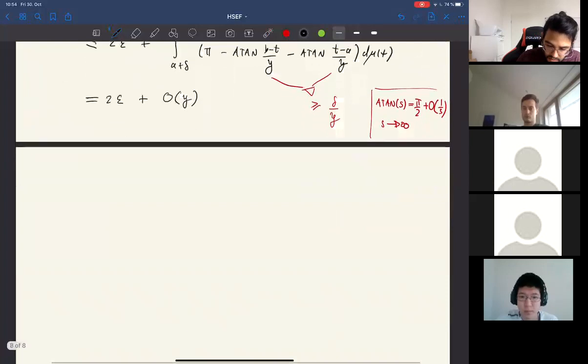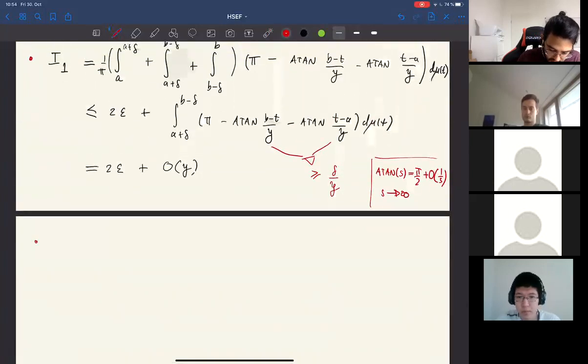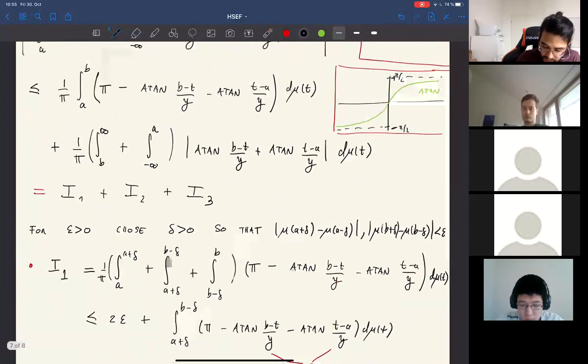Great. So let's move to the second integral. And for that, I will use a certain identity. You realize that in the second integral, t is always greater or equal than b. So this thing here is negative, and this thing here is positive. So they have opposite signs.